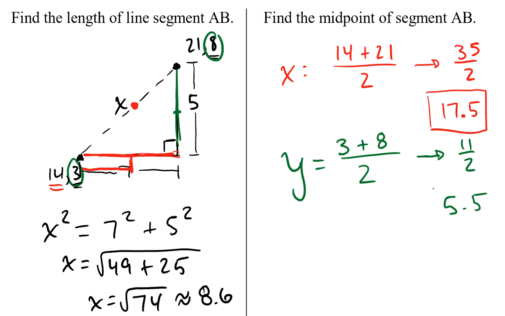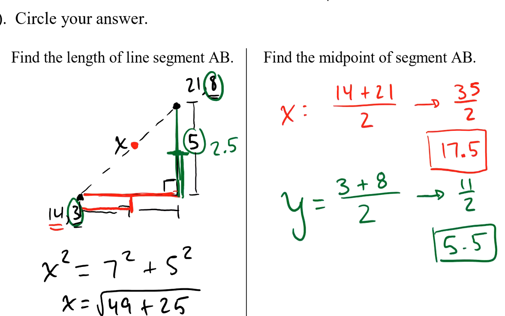So the midpoint for my y is at 5.5, and you can again look at this. If this is 5 units long, half of that is 2.5. So if I start here where y is 3 and go up, right, at 3, 4, 5, 5.5. I landed exactly on 5.5.